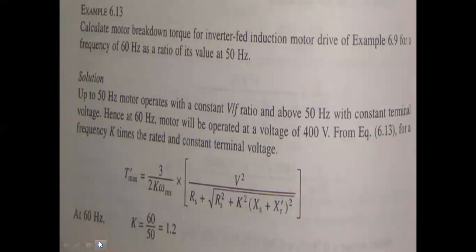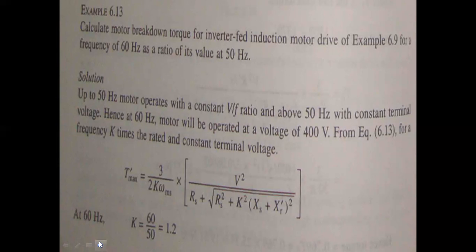Next one, calculate the motor breakdown torque. Next problem: calculate the motor breakdown torque for the inverter fed induction motor drive of the same example, example 6.9, for a frequency of 60 Hz as a ratio of its value at 50 Hz.